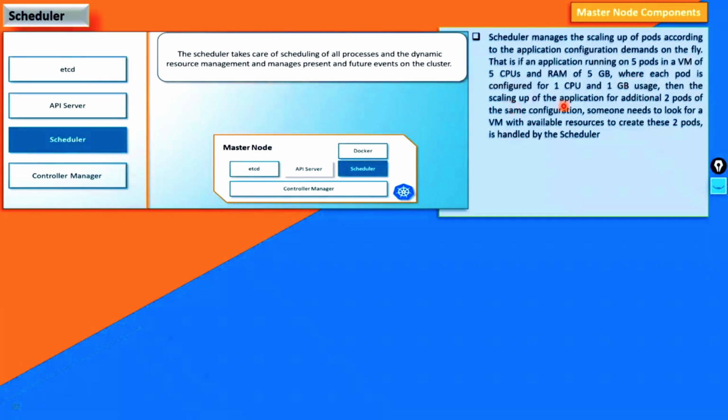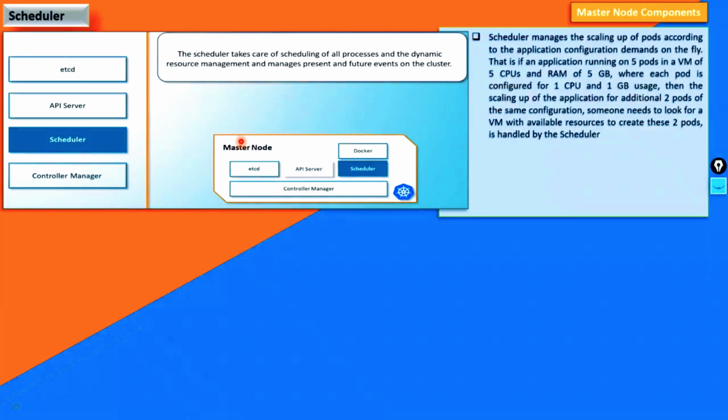Now, suddenly, due to scaling up of the application, you needed 2 additional pods with the same configuration. So there would be someone who needs to look at that requirement. Will that single VM be able to cater to that requirement of 2 additional pods? Because how will you give another 2 CPUs and another 2 GB?